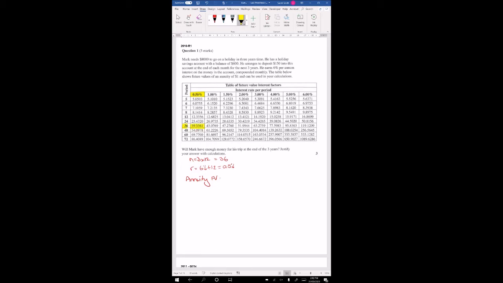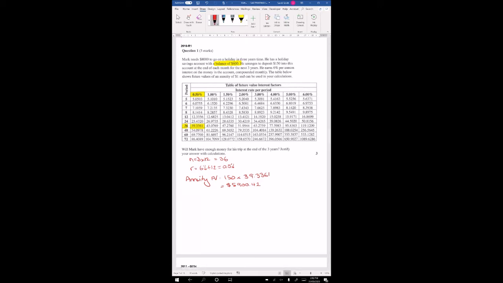So this is our compounding factor we are looking at. So we've got 150 multiplied by 39.3361, and that equals $5,900.42.